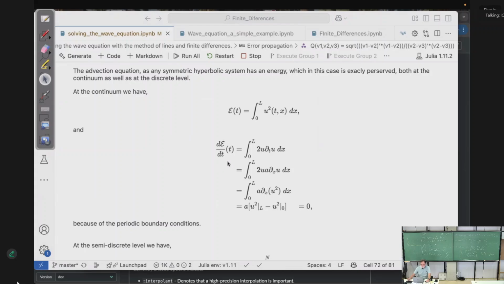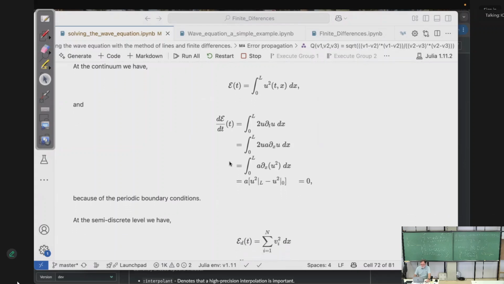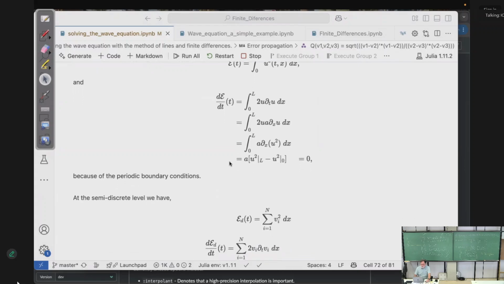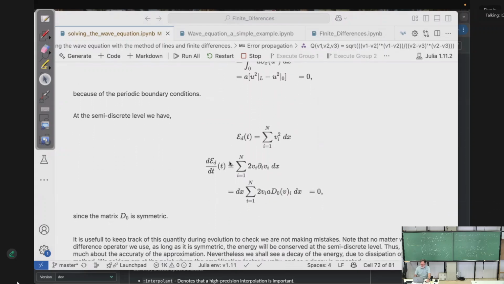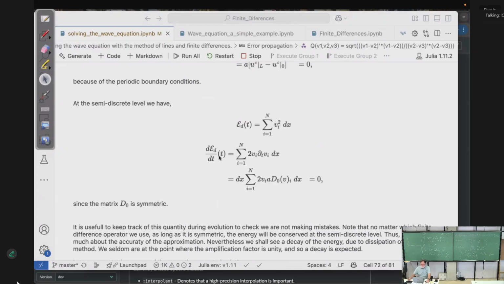So the energy is conserved in the continuum, and we have a similar energy for the discrete, which is just the sum of the points times dx.